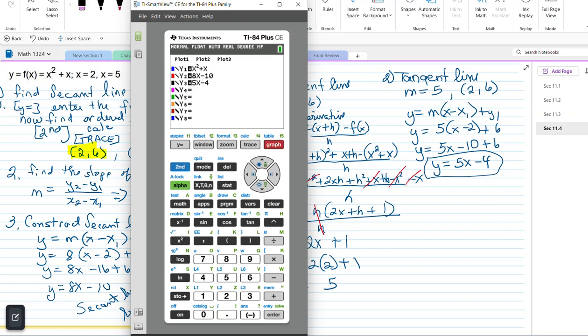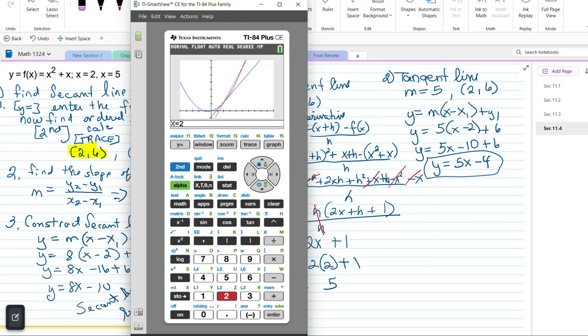Okay, and I'm going to look at my graph, and I'm going to go to the point, second calc, value of 2. And okay, notice that on the y1, it's on the original function. On 2, it's in my secant line as well. And then I click again, and now I have my tangent line in black. So my tangent line is correct.